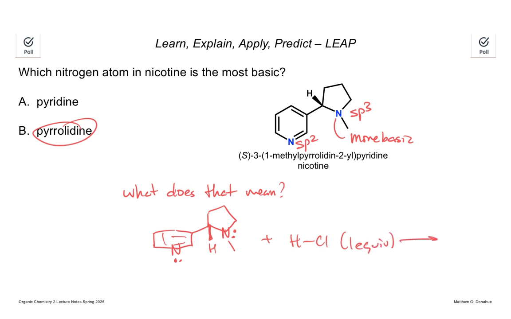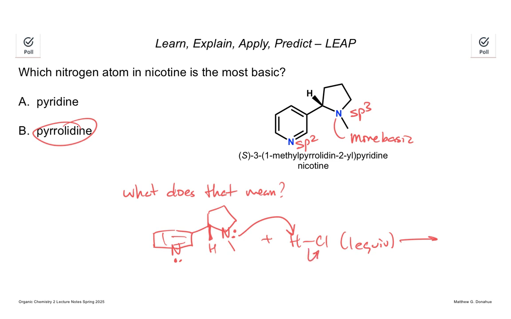So what does all this mean? Again, nicotine has two nitrogens. If you treated it with one equivalent of HCl, that's the acid, which one gets protonated? It's going to be this nitrogen right there, because that lone pair is more available.